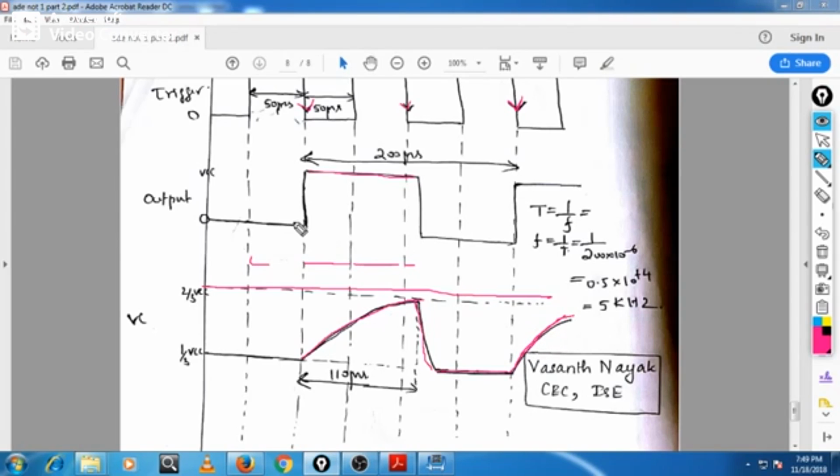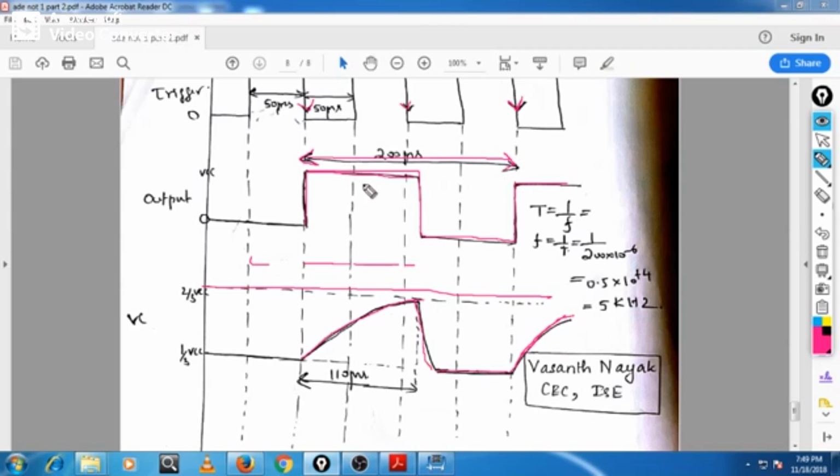So the output remains in logical 1 state, then goes to logical 0 state, and once again goes to logical 1 state.